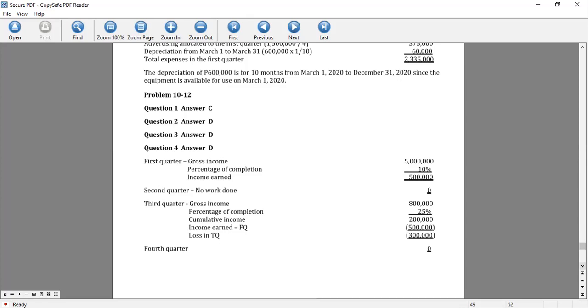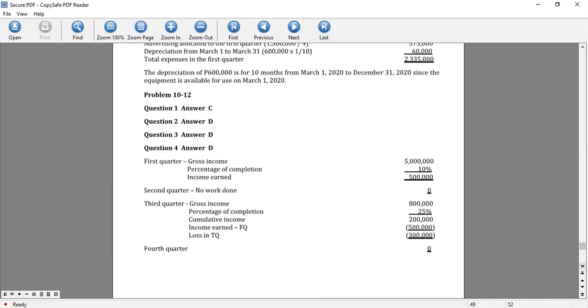So the income that should be reported in the first quarter is equal to, if you have the gross income equal to 5 million, we have 5 million as difference between 20 million, that's the contract price, and the estimated cost of 15 million.